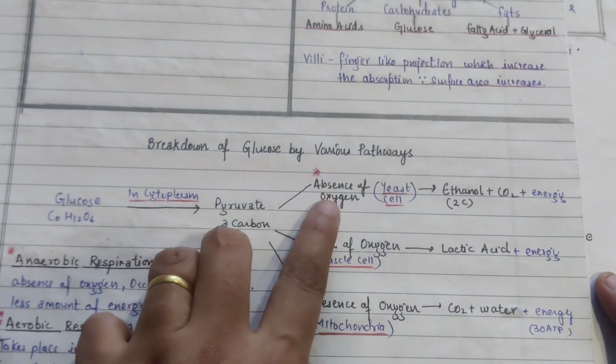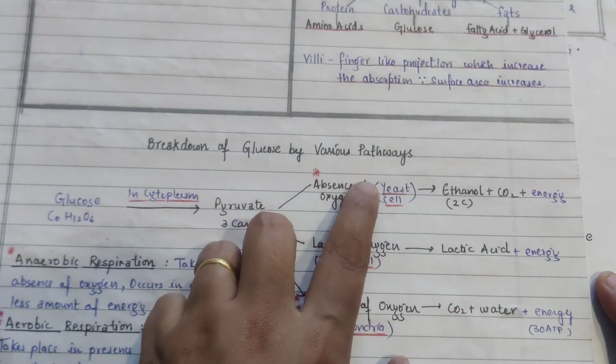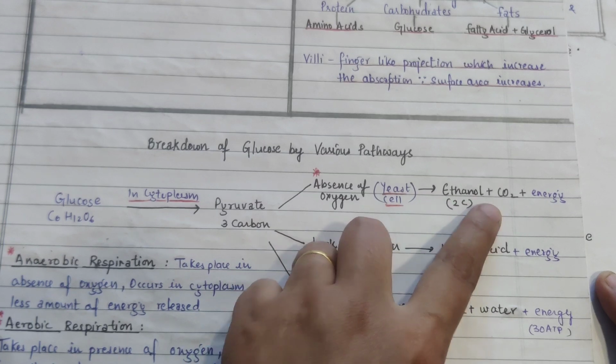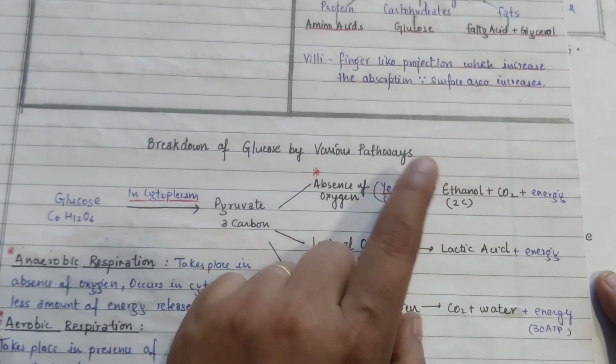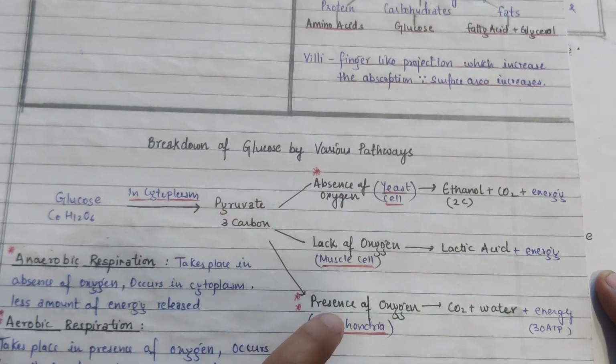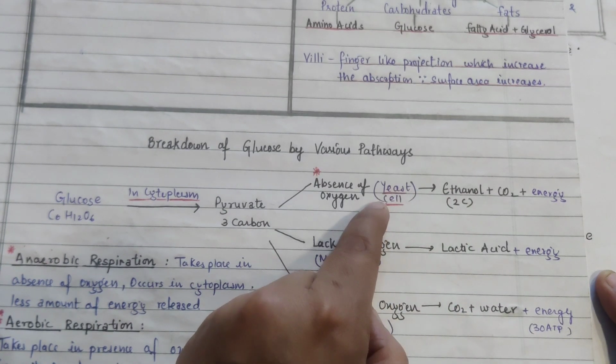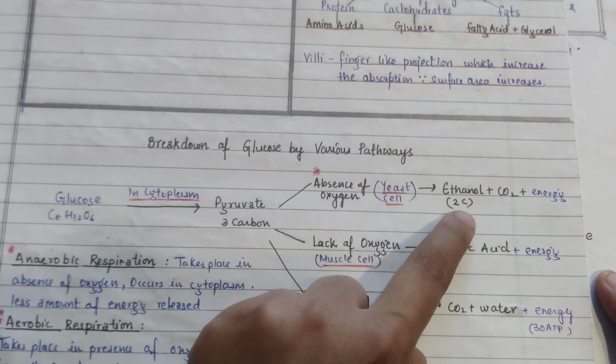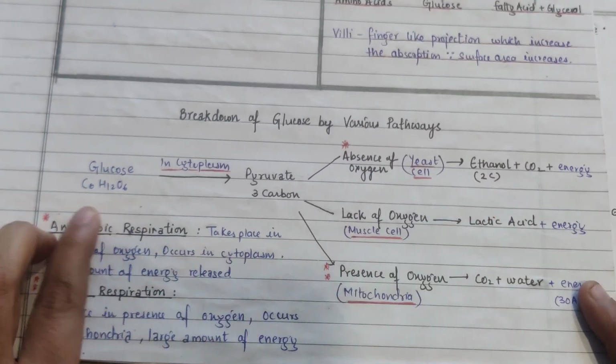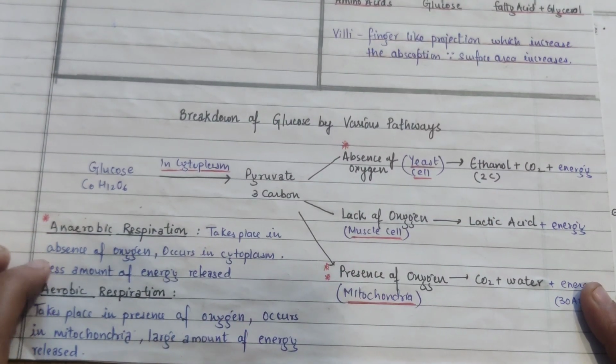Whereas in the absence of oxygen, for example in yeast cells, the products are ethanol, carbon dioxide and energy. So you must learn that in the presence of oxygen, only carbon dioxide, water and energy are produced, whereas in absence, ethanol, a 2-carbon compound, is formed. This is known as anaerobic respiration, which takes place in the absence of oxygen, occurs in the cytoplasm, and releases very little energy.